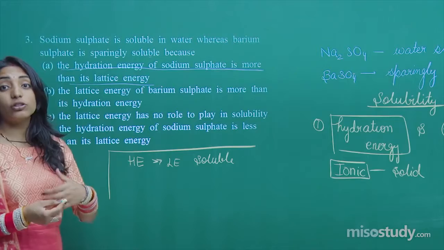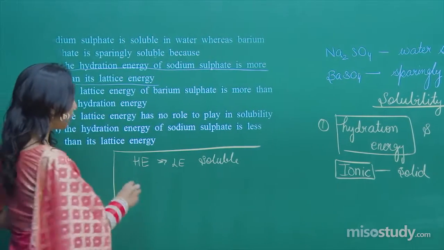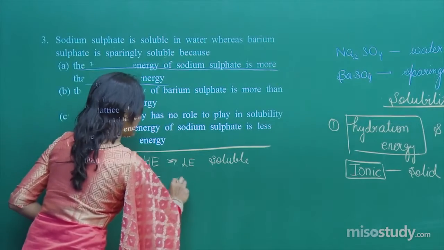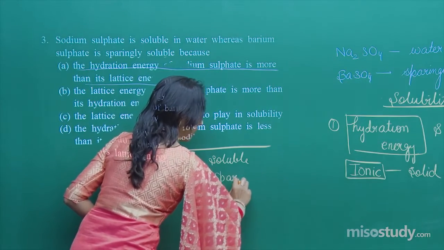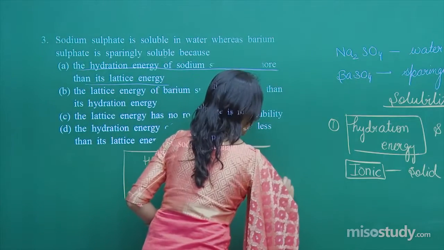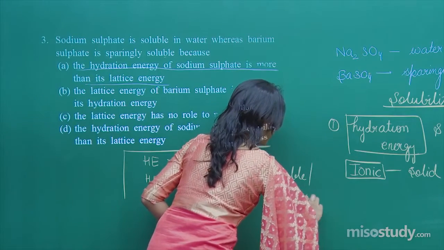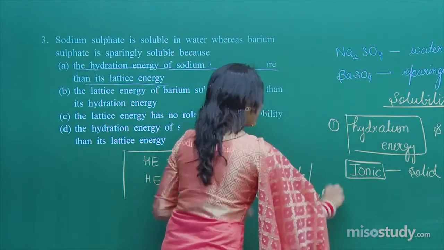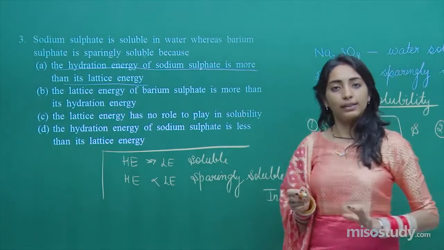Hydration energy is energy released when a compound is dissolved in water. However, if hydration energy is lesser than lattice energy, then the compound will be either sparingly soluble or it will be insoluble. Right? So this is all the detail that we already have discussed in our session.